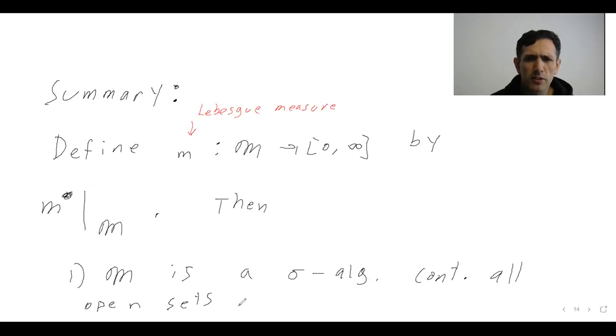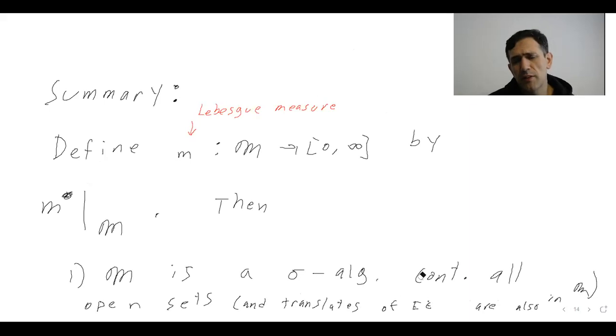Three, and I should mention also here that translates of stuff in script M are also in script M. It's a little messy, but all I'm saying here is that translates, sets of the form E plus X for E measurable, are also measurable.